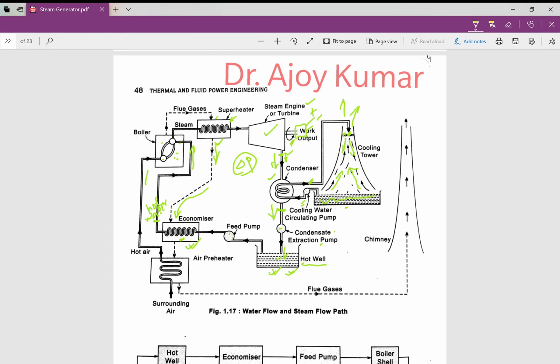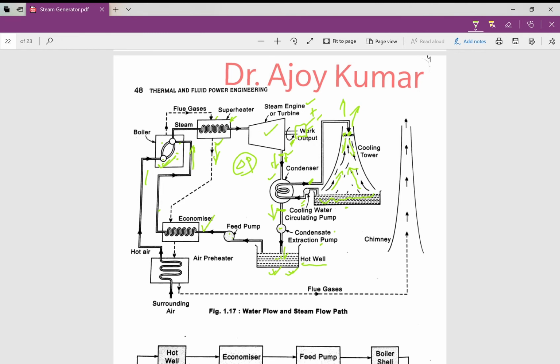So with the help of this hot water, there could be a saving of fuel in the boiler itself, right? Saving of fuel means there is an economy of fuel, and henceforth this device is called economizer.